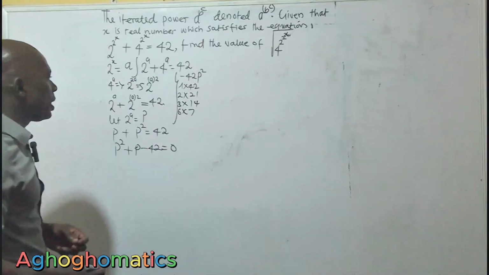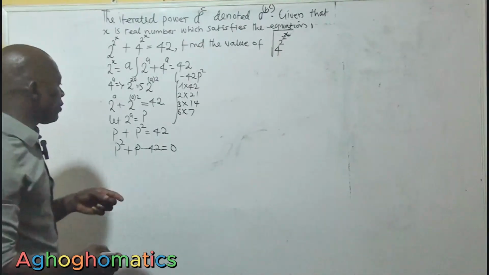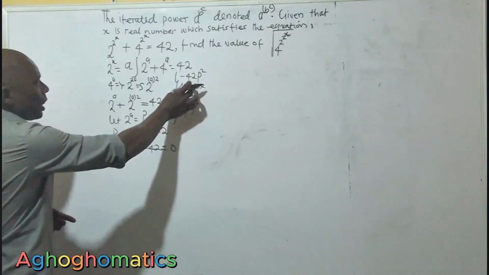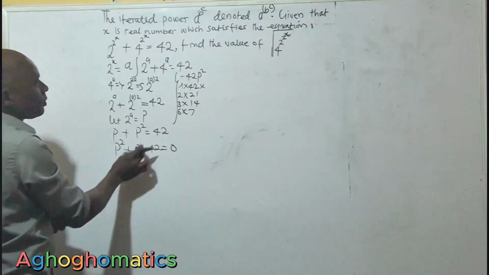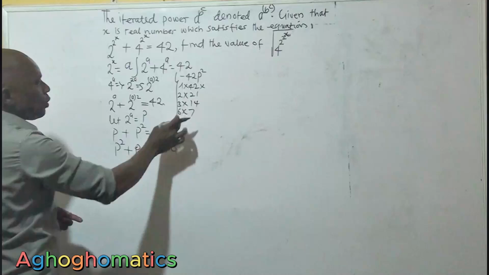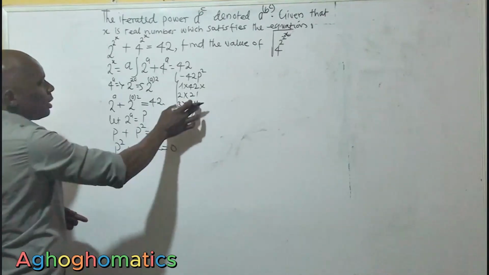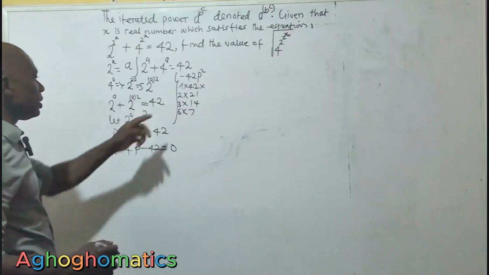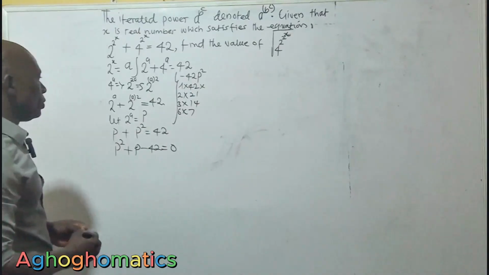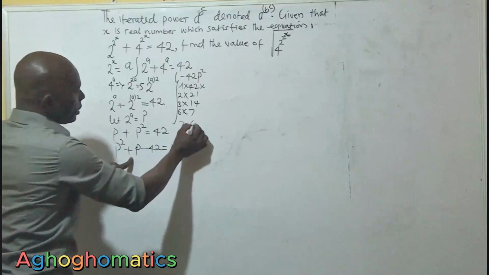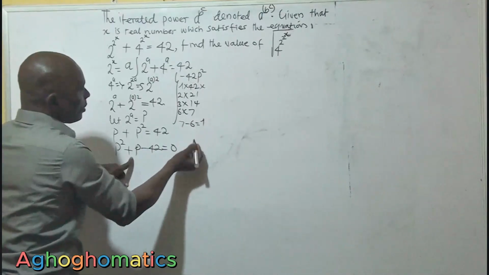These are the factors. Among these factors, if you look carefully, 1 and 42, if we add or subtract, will give us p. Similarly, 2 and 21 will give us p as well. 3 and 14 cannot do it, but 6 and 7 will be able to do that. In that case, we write 7 minus 6, and that will give us 1.